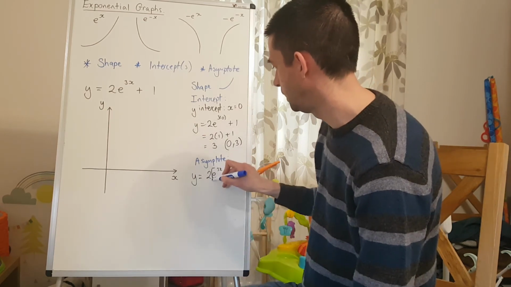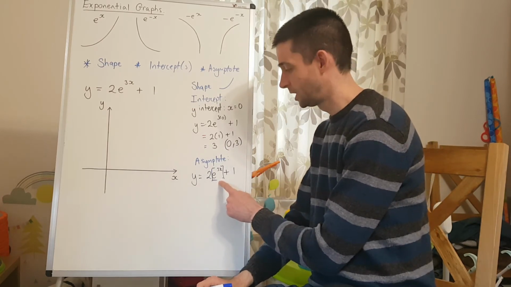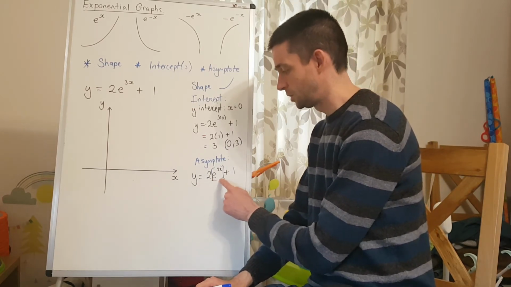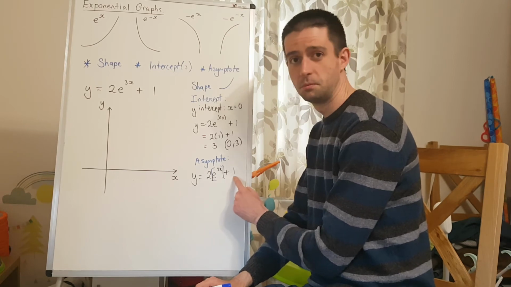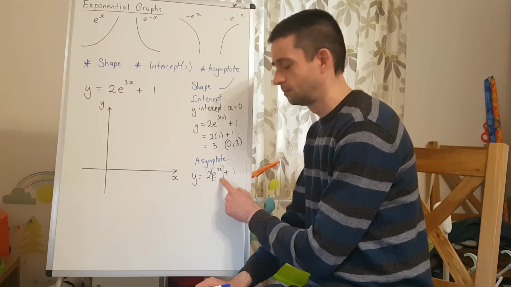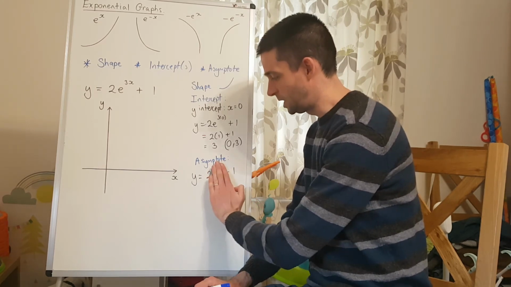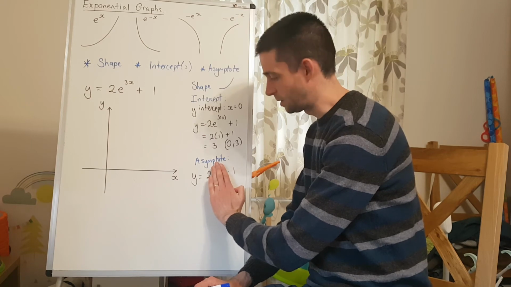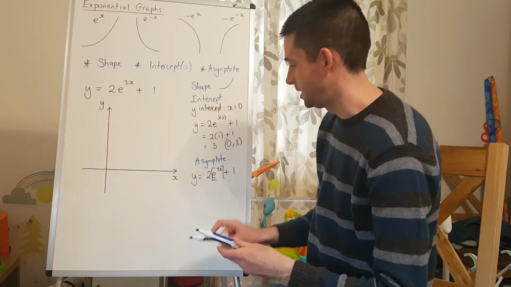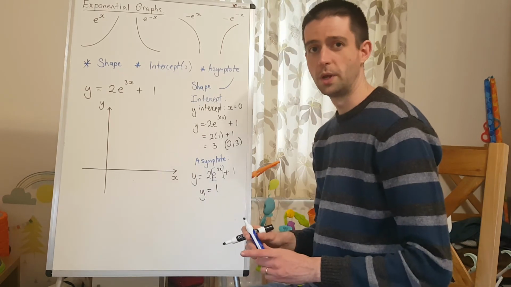Well, if the e to the power 3x bit did equal 0, we'd have 2 times 0 plus 1, so y would be 1. Except the e bit can't be 0, and therefore y can't be 1. So if you cover up the bit with the e, because the e bit can't be 0, what you're left with is the asymptote. So in this case, the asymptote is y equals 1.